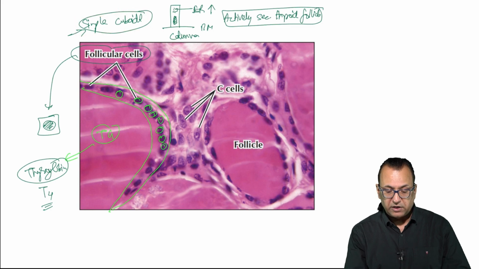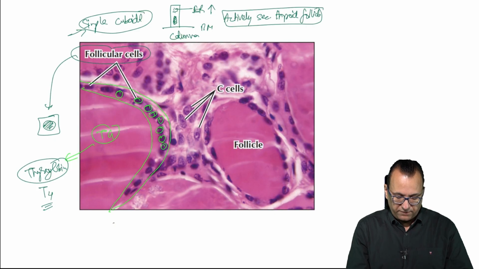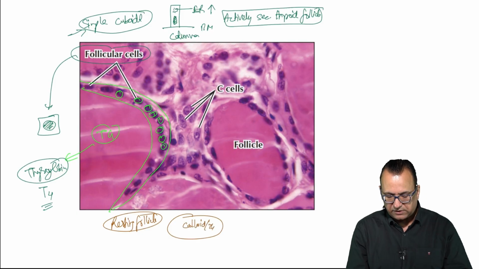But if they ask about an actively secreting thyroid follicle, then it can become columnar, because you will have more endoplasmic reticulum to give the secretion. What about a resting follicle? If a question comes on a resting follicle, the follicle is resting because there is too much colloid. The thyroglobulin is too much, so it will press on the cells and the cells will become flat. So then it is simple squamous epithelium.